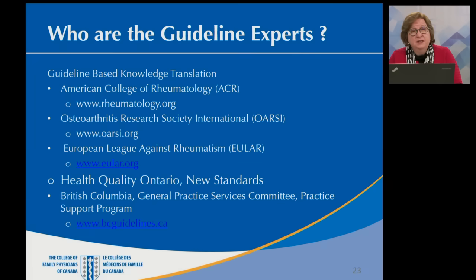The European League Against Rheumatism, which recently put out a very strong guideline, especially around imaging. And then within Canada, we have British Columbia and Health Quality Ontario that have practice support branches and have developed in BC guidelines and in Ontario standards for osteoarthritis.